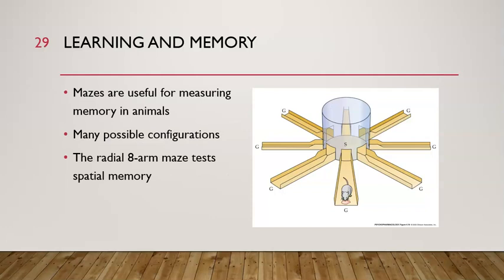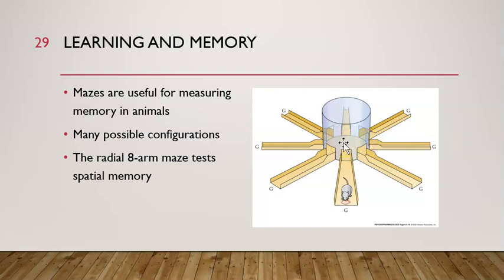We can also use mazes. So this is the radial arm maze or the radial 8-arm maze, where there's a lot of different configurations we can do with this, but one of the main ones is, there'll be food on each arm, the rat's placed in the middle, they go, great, they'll be taken away for a bit, they'll go back in the middle, and what we should see is that they'll remember, well, last time I went here, so now I should avoid that arm because I know there's no food there.